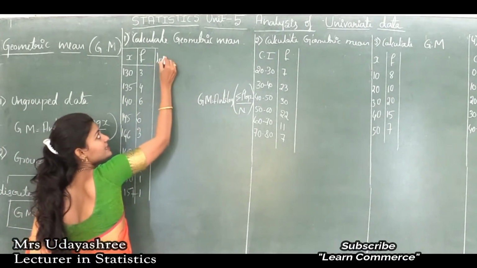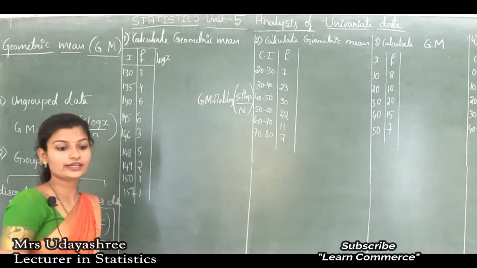So the next column is log x. How to calculate log x?